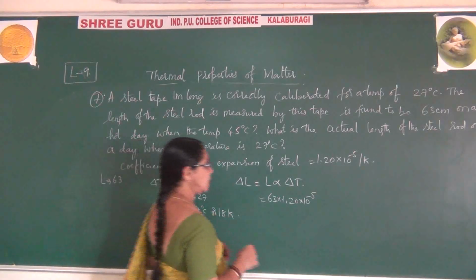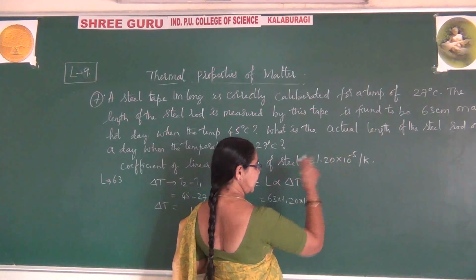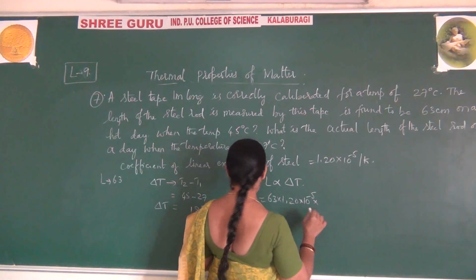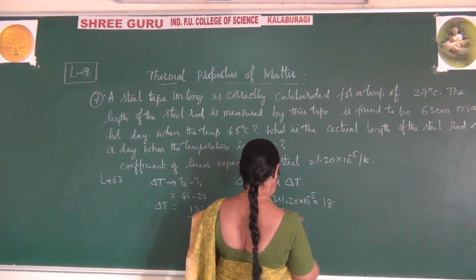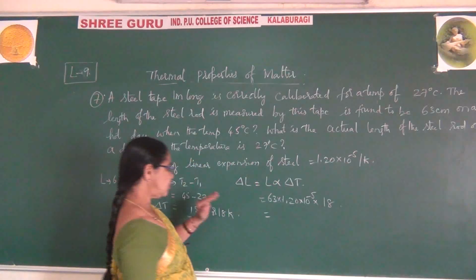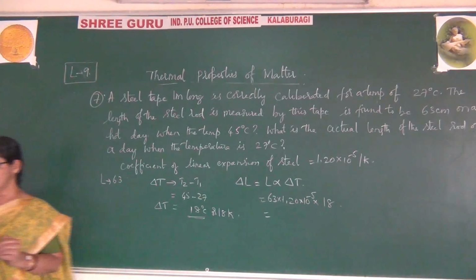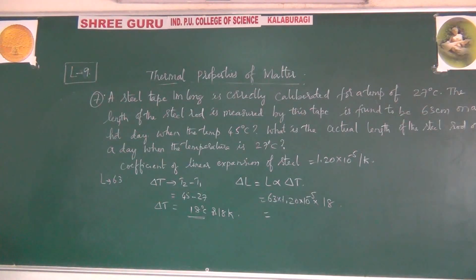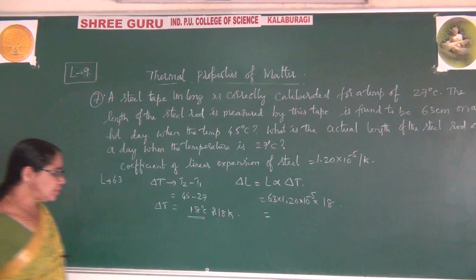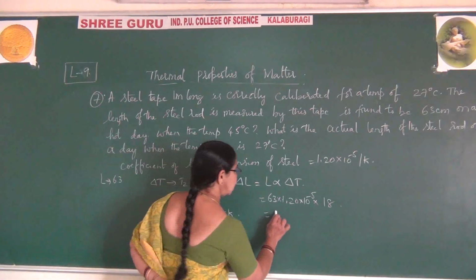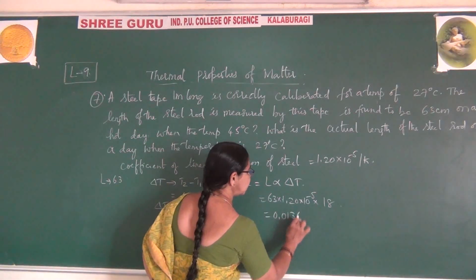Both are one and the same, because Kelvin per Kelvin will get cancelled. First let us calculate delta L, the change in length. If you multiply, you get the value 0.0136 centimeter.